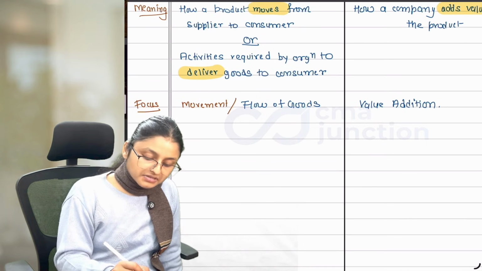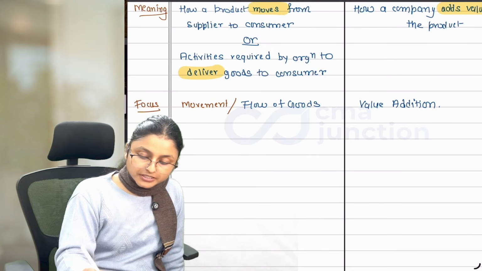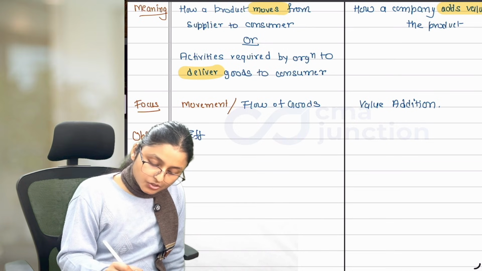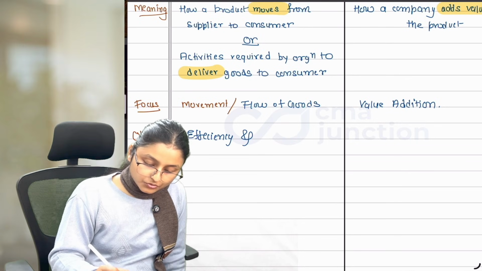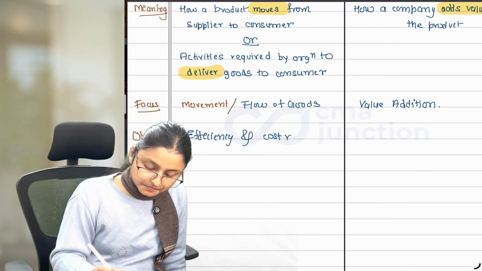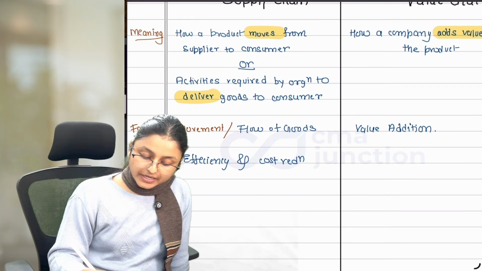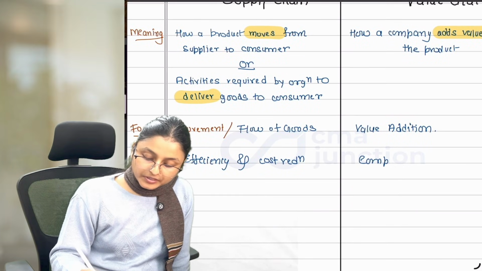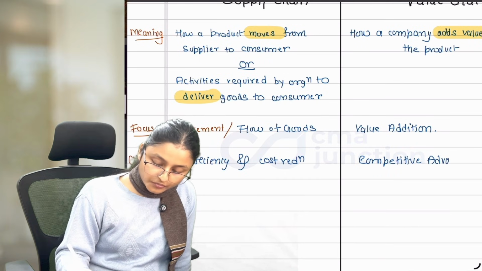What is the objective behind it? Here our objective is efficiency, doing things faster, adding more value and reducing cost. And in value chain, our main objective is achieving competitive advantage, doing things in better way as compared to that of competitors.